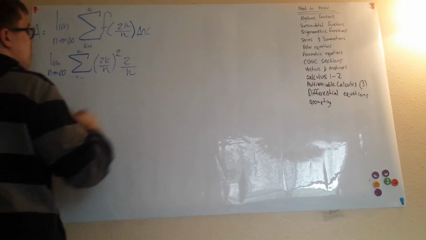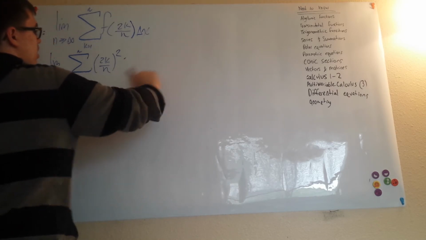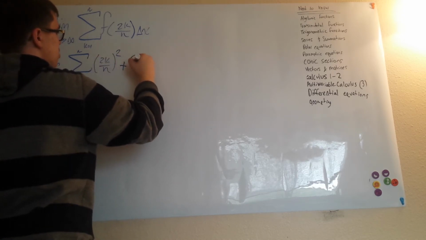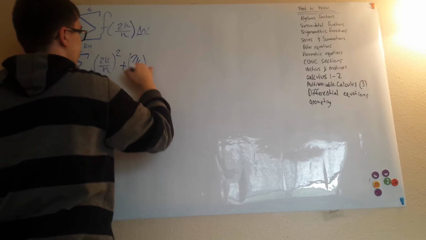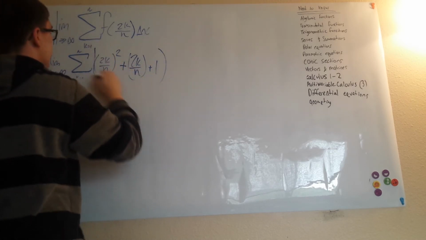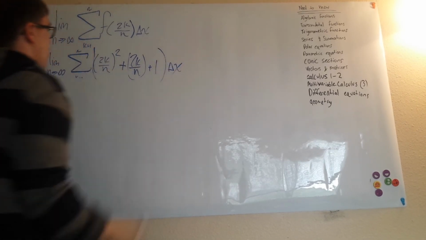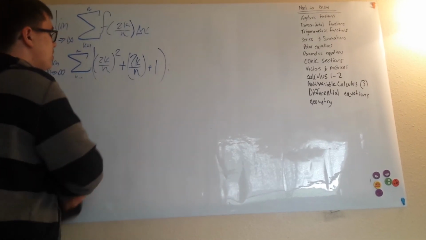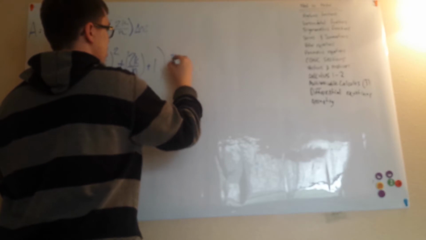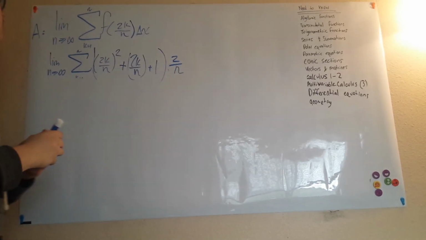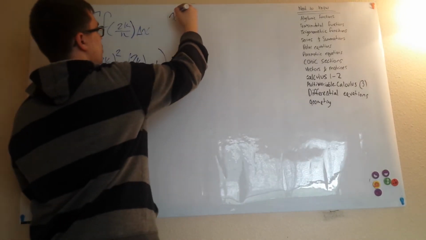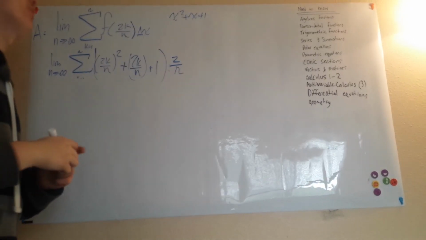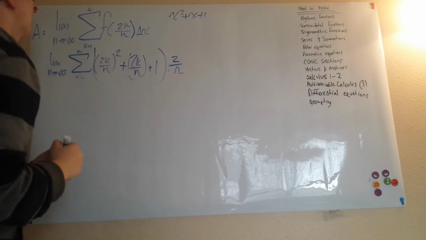Except our formula f would be that plus 2k over n plus 1, and then that would be delta x, which is 2 over n. So if we had the function x squared plus x plus 1, if we plug in 2k over n for that function, it would look like that.